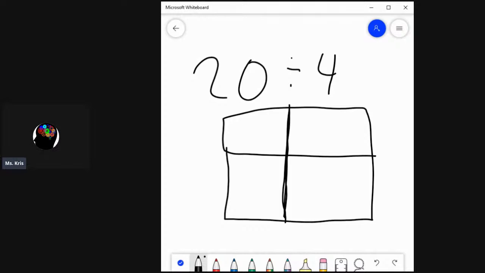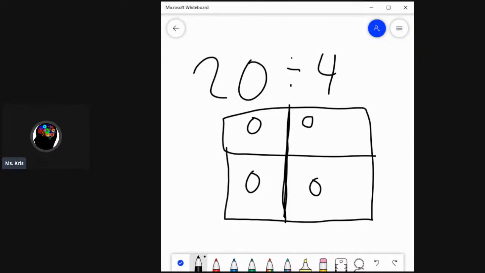So there's 1, 2, 3, 4. And as you can see, I'm going counterclockwise. You can go clockwise, you can go from left to right and then up and down, or you can go up and down, left and right, however you want to count inside of your box.